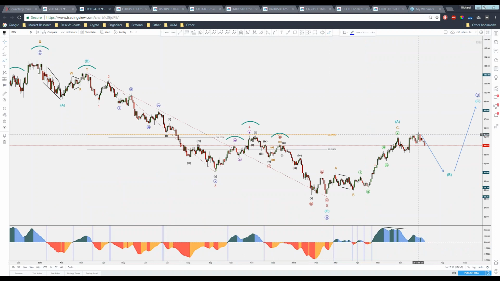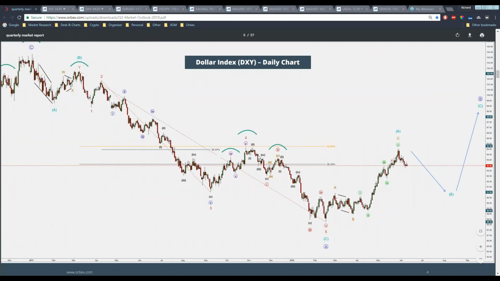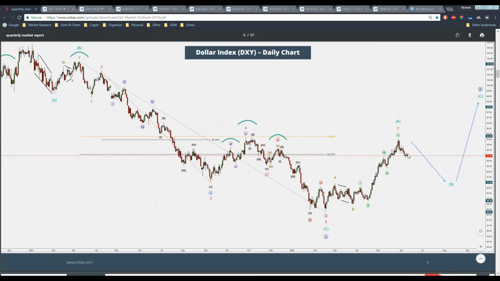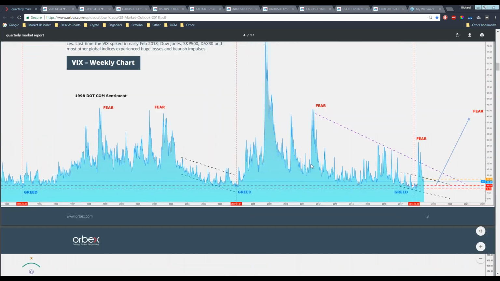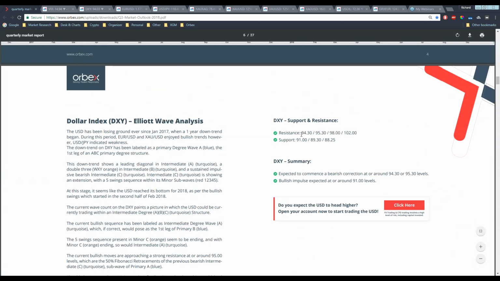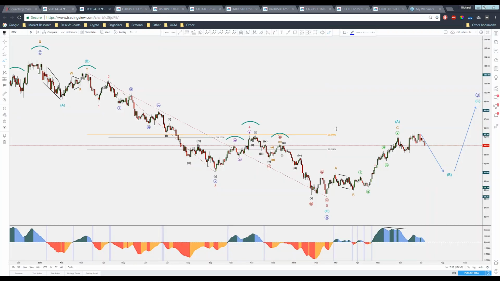Now, dollar. I was in the quarter report. Let's say moving on to the dollar. I was actually saying that from there, from 93.46, we could look at resistance 94.30, 95.30. And it did gain resistance at 95.30 and started falling.